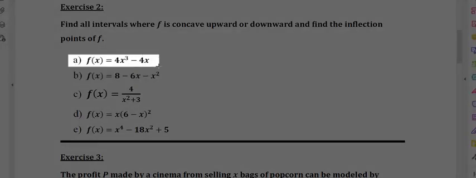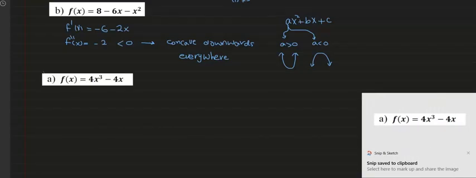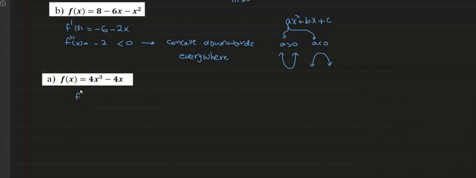Let's take part A. So in part A here, we will get the first derivative. Again, to find it here, 12x squared, dropping the power and subtracting 1, minus the 4. This is the first derivative.